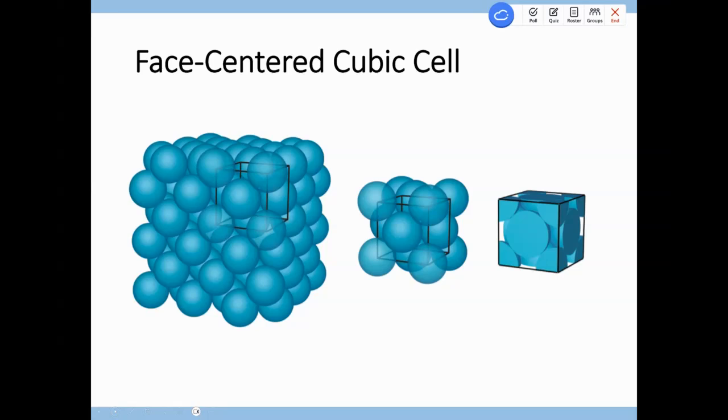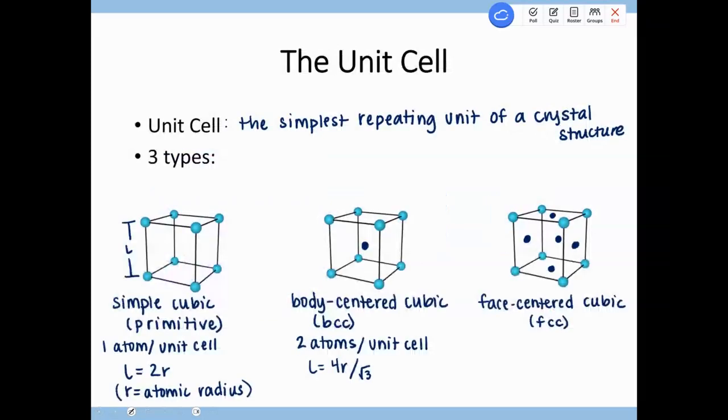So that's 3 more atoms, 4 total for the unit cell. The edge length here is square root of 8 times r.